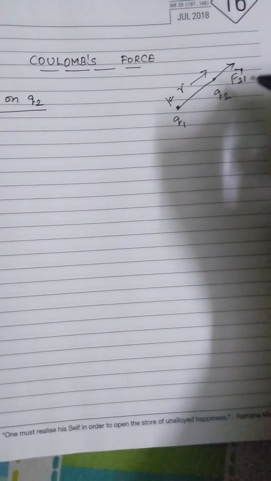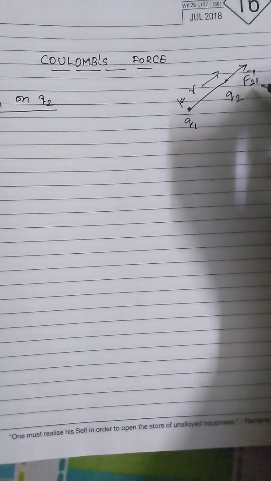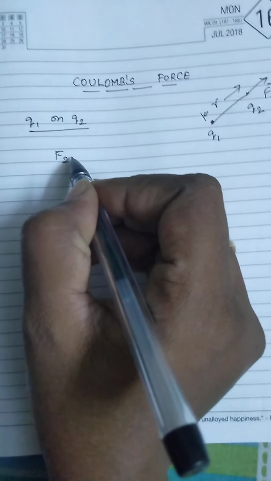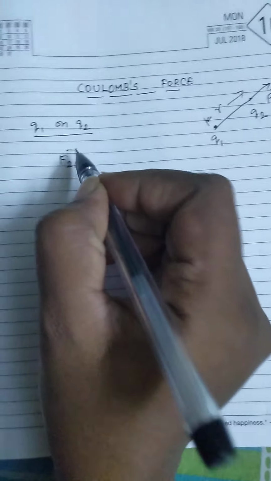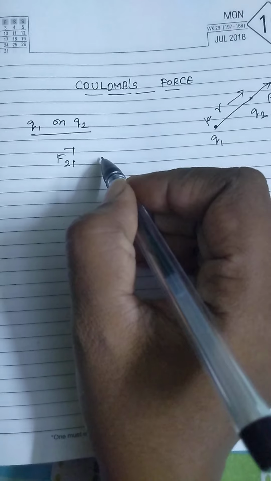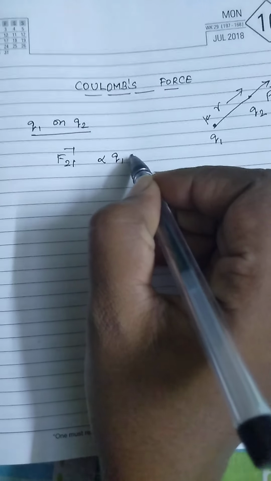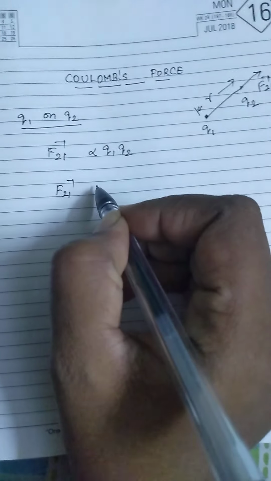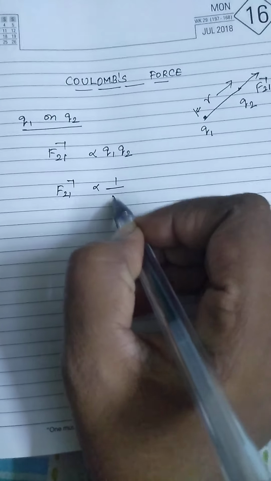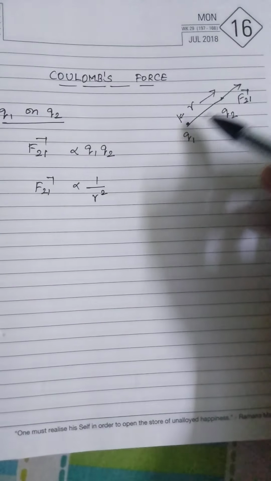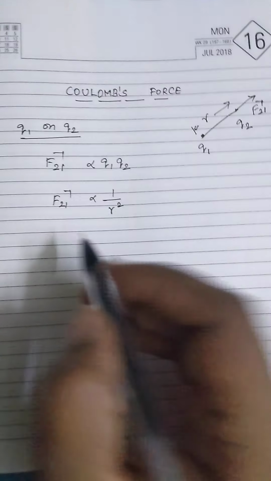It's a vector quantity, so F21 vector, the force on 2 due to 1. What Coulomb said is, this force will be directly proportional to the magnitude of the two charges and inversely proportional to the square of the distance between the two charges, which is r squared. Why? Because I took r as the distance between the two charges, so 1 by r squared.